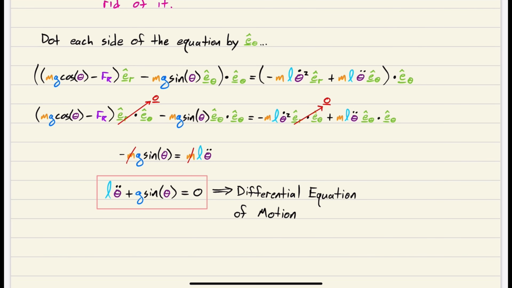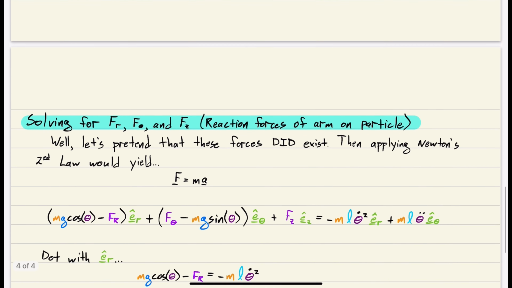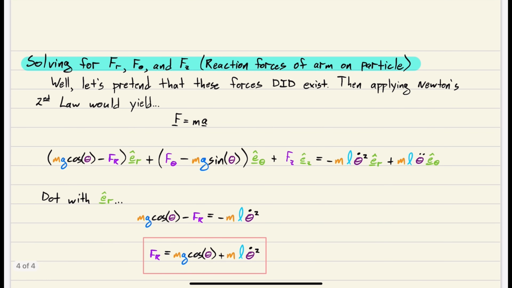That's it. All right, so going back to that resultant force with F_theta and F_z, how did I know that those are 0 and non-existent? There's only a force in F_r. Well, let's pretend that those forces did exist. Then applying Newton's second law, we do F equals ma the same way.